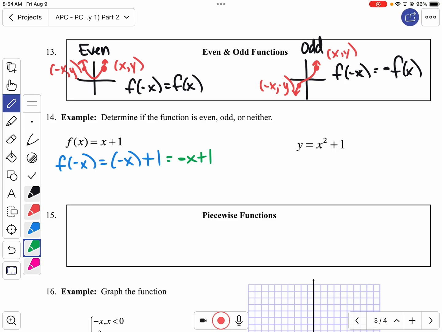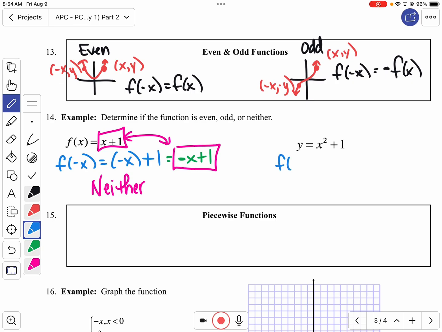Did it all stay the same, or did it all change? You're referencing the original. Is this exactly the same, or did it all change? It's neither, right? The only thing that changed was that x value. So this one actually does not have even or odd symmetry. Okay, it's neither.